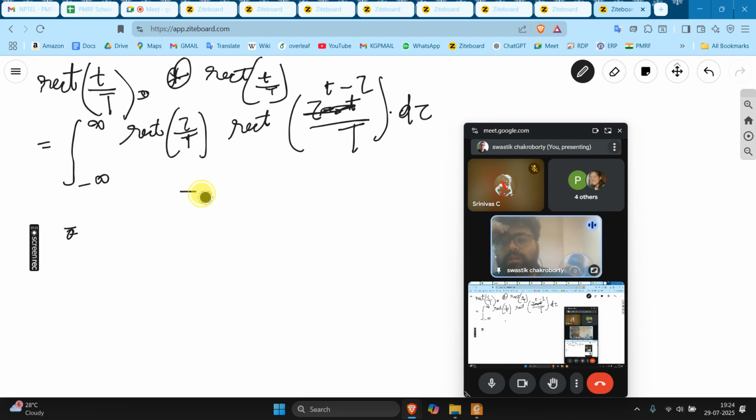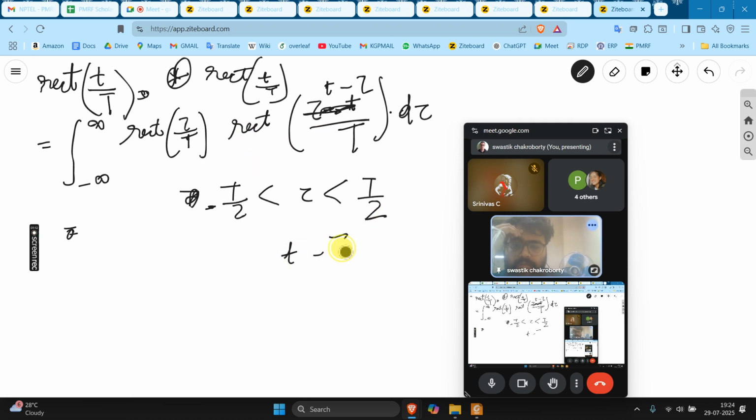It exists between minus capital T by 2 to plus capital T by 2. And where does t minus tau exist for this rectangular function? Again, it exists in the same limits, minus T by 2 to T by 2. So here we have 1, this is 1.